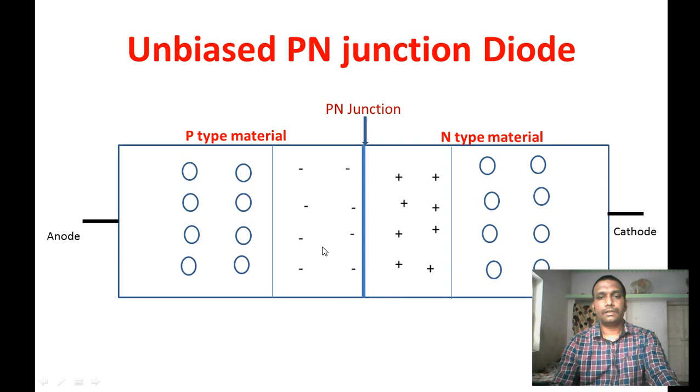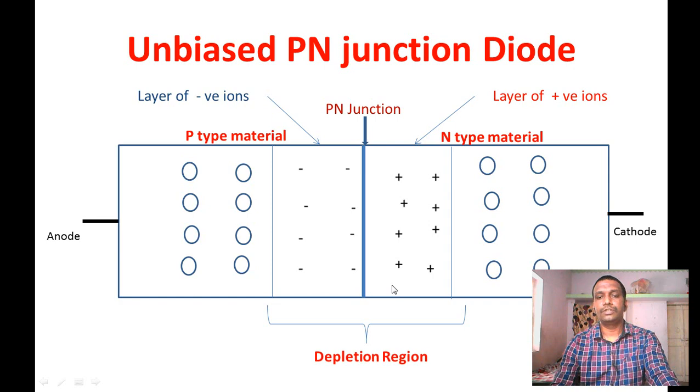Because of that, negative ions and positive ions are present near the junction. This is the layer of negative ions and this is the layer of positive ions, and because of these two layers, there is a region near the junction called the depletion region.